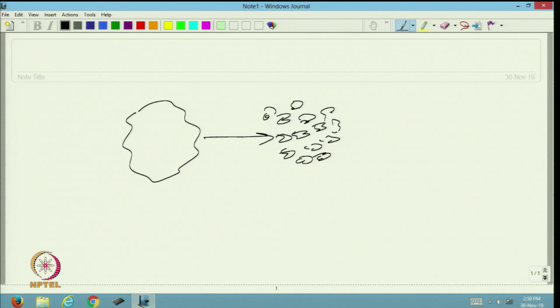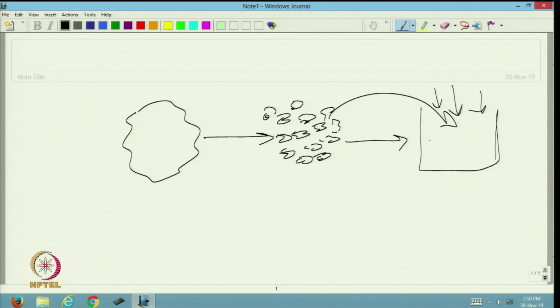So, then what we do, we mix this with the polymer. This is the polymer, and there we are mixing with this. After that we send this into a mold.